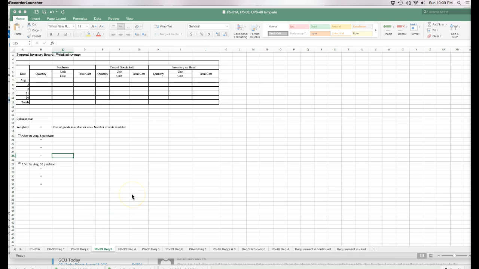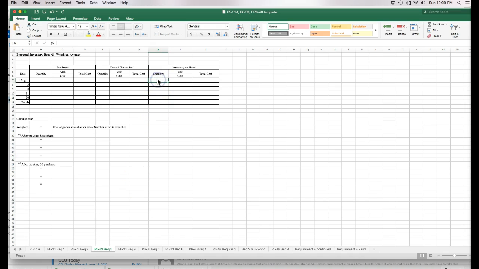So we're just taking a look at the unit cost and doing a weighted average of those unit costs that we have on hand. We're going to start off with an inventory on hand on August 1st of 40 units at $10 each for a total of $400.